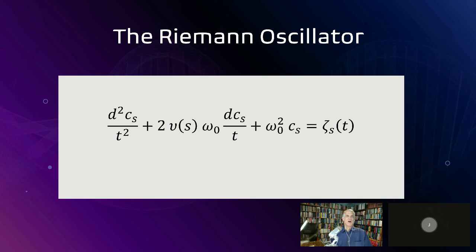And generally, in the response of a second order differential equation, the coefficient of the unitary term, the omega naught, would be how often it goes back and forth. How often does it oscillate?